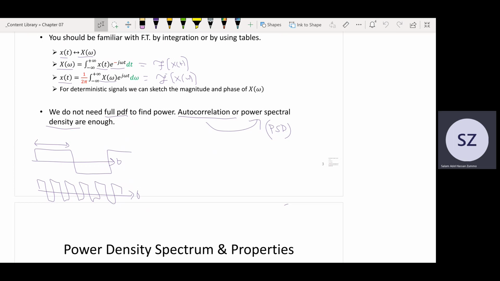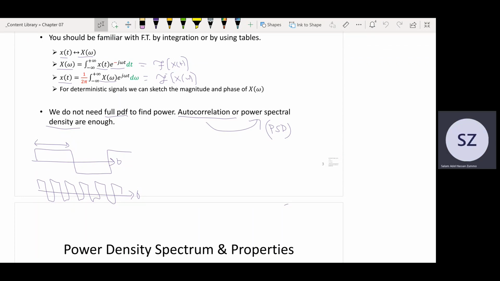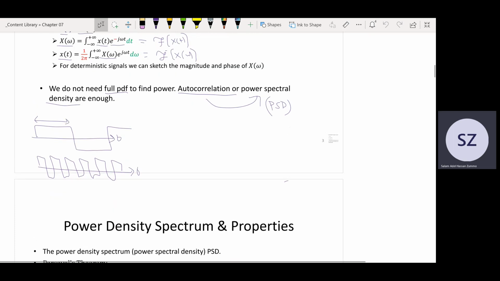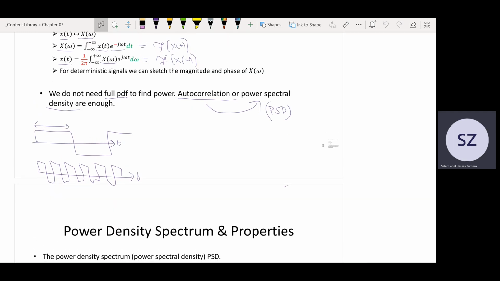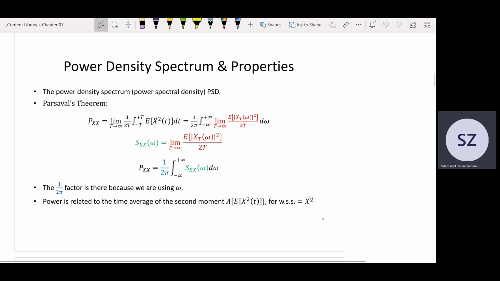Similarly, however, in a different way, we try to argue that the autocorrelation function in a random process will be able to give us some information about the frequency content. There we took the Fourier transform of the signal. What we'll do here, we'll try to argue that if we take the Fourier transform of the autocorrelation function, we'll get what we call the power spectral density, or power density spectrum.